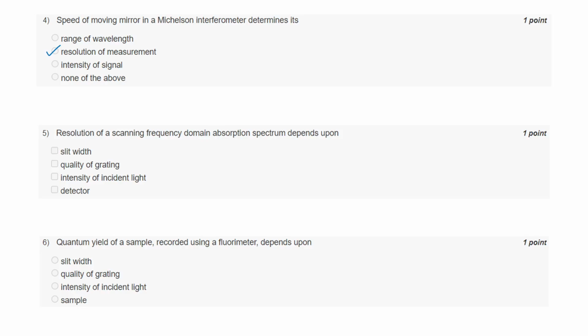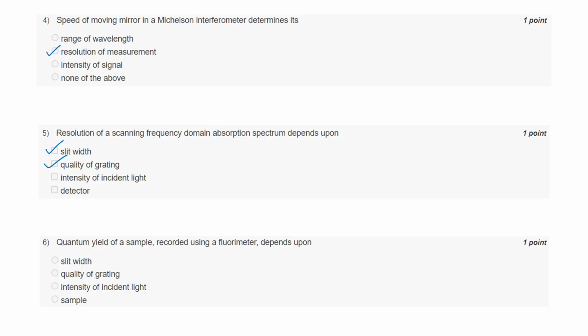So first of all, we are on the same page, right? That slit width and quality of the grating will have a role to play. Intensity doesn't matter, right? Intensity actually matters when we are discussing signal to noise ratio.